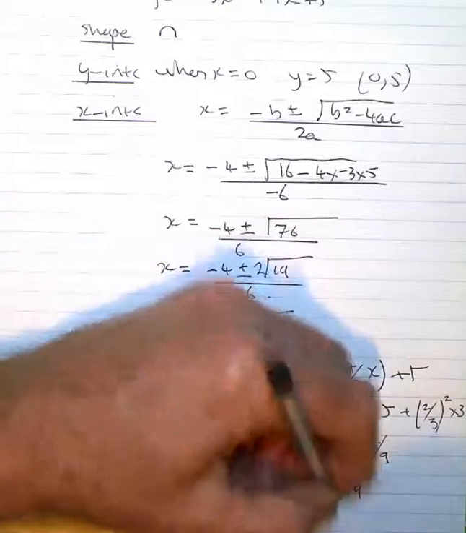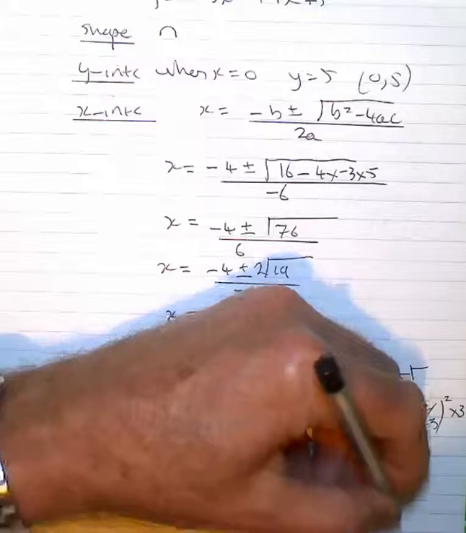So therefore my turning point will be at 2/3, 5 4/9.